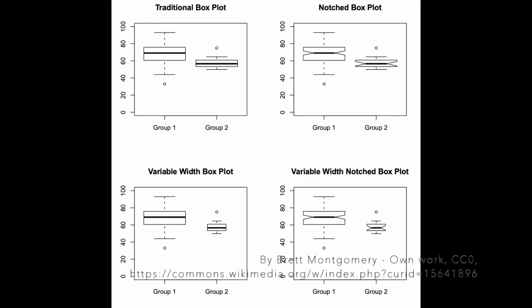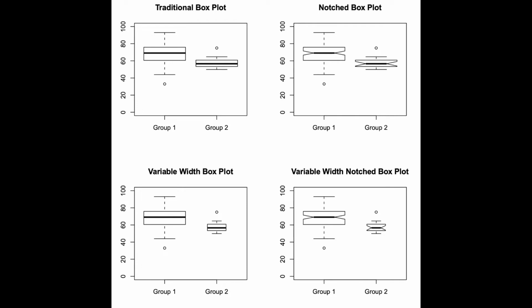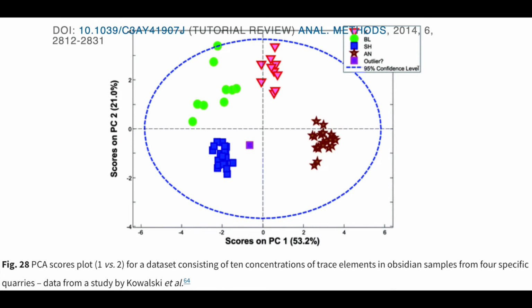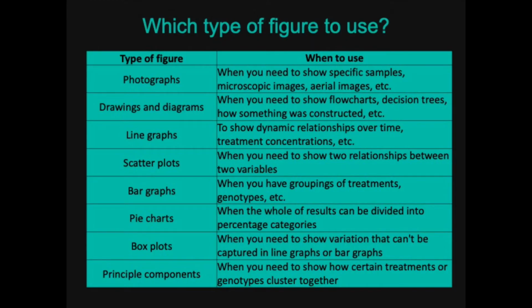And they show variation that can't be captured in traditional bar graphs, because not only do they show the mean, they also show the range, and they show outliers. They have the whiskers that extend beyond the boxes that have a lot of additional information. And then there are also principal components figures that show how certain treatments or genotypes cluster together. So these are just some examples of figure types that you might use. You might use something that's not even on this chart.